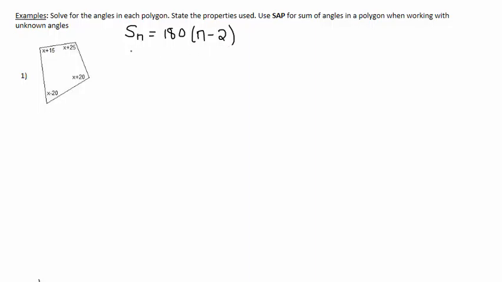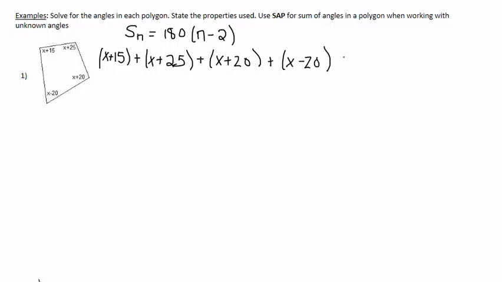Now, to plug everything in, we can plug the sum of all these values in for the sum of angles. So x plus 15 plus x plus 25 plus x plus 20 plus x minus 20 is equal to 180. And since we have 4 sides, we can plug 4 in for n minus 2.